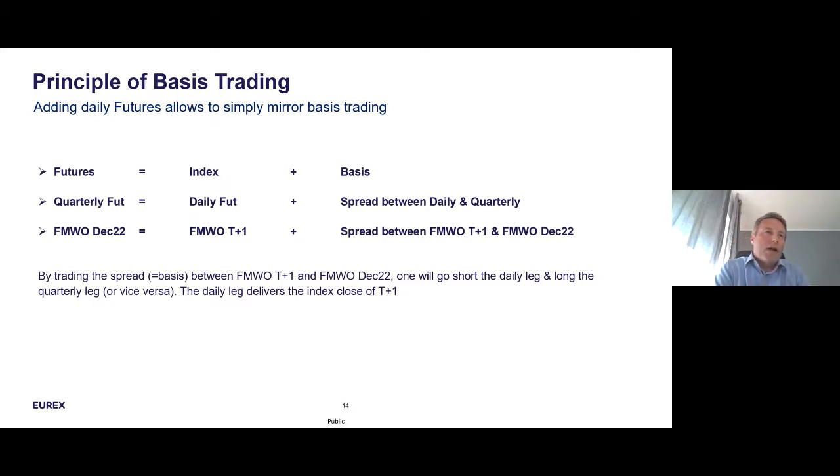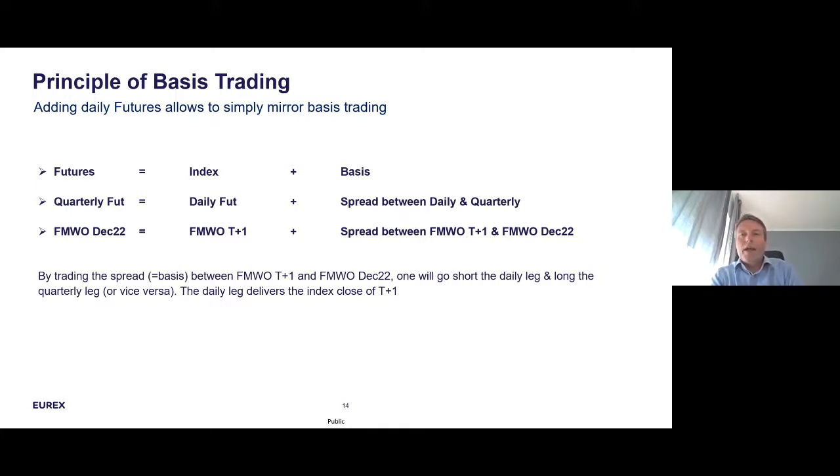Therefore, with our instruments, the quarterly future would be the level of a daily future plus a spread between those two. By adding for each of our MSCI futures a daily future for T+0, so for the same day, and for T+1 and T+2, we have these daily instruments as well as a spread in place, and therefore we can allow, in a very simplified way, basis trading by trading this spread between the two.